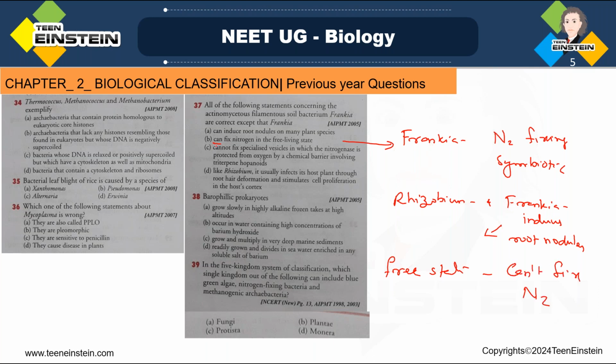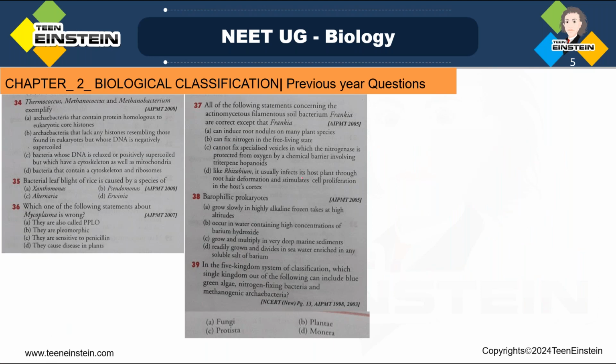Here the statement is that it can fix nitrogen in the free living state. No, it cannot. It works like rhizobium, how rhizobium forms root nodules and then helps in nitrogen fixation. In the same way, this is also doing. So it cannot fix nitrogen in the free state. Clear?